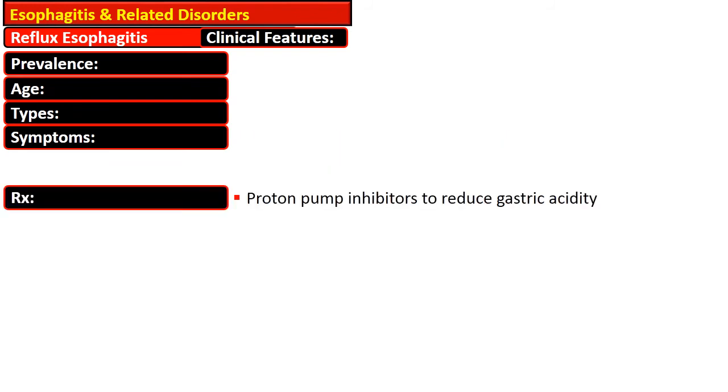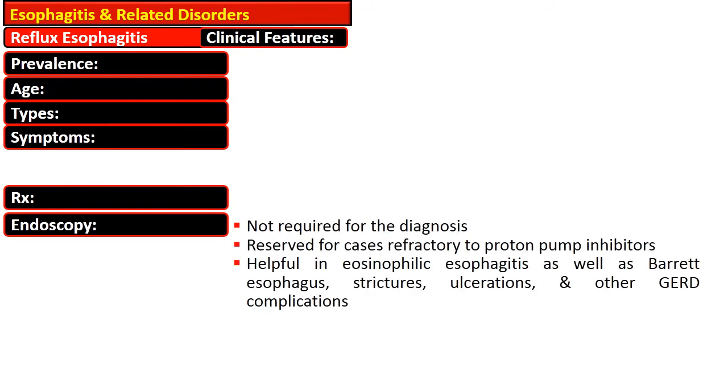The treatment is through proton pump inhibitors to reduce the gastric acidity, and endoscopy is not required for the diagnosis, but it is done for patients that are refractory to proton pump inhibitor treatment.